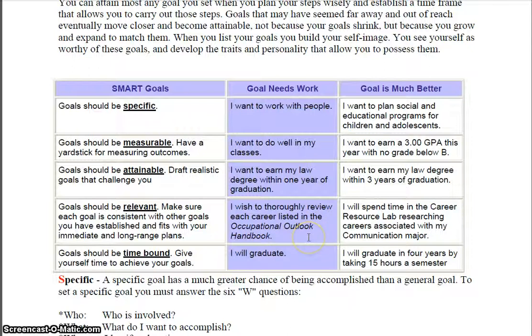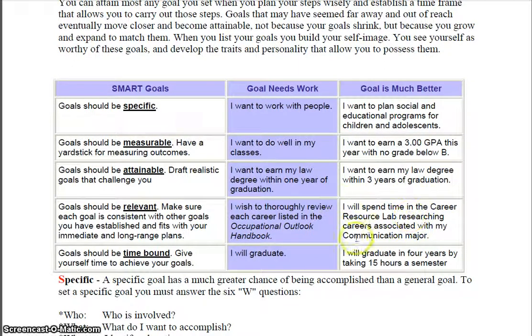Well, when you do your Holland Code, you determine which careers meet your interests and would be better for you in meeting your strengths, skills, and interests. So you don't want to spend time thoroughly reviewing careers that are outside the realm of careers that you want to consider.